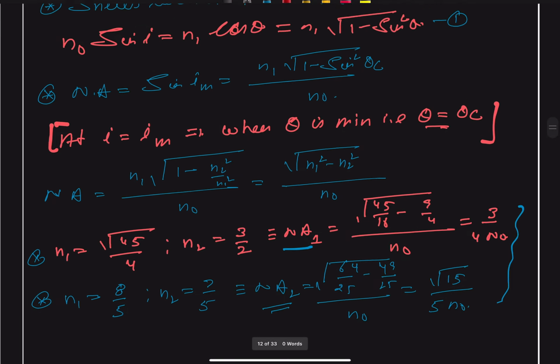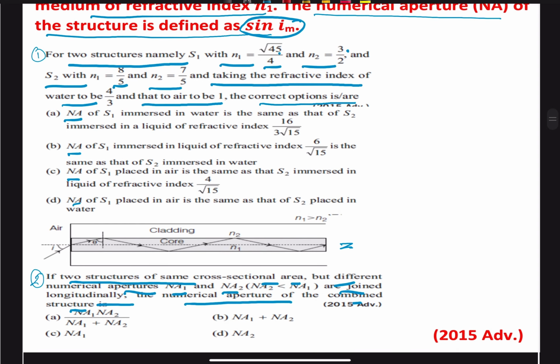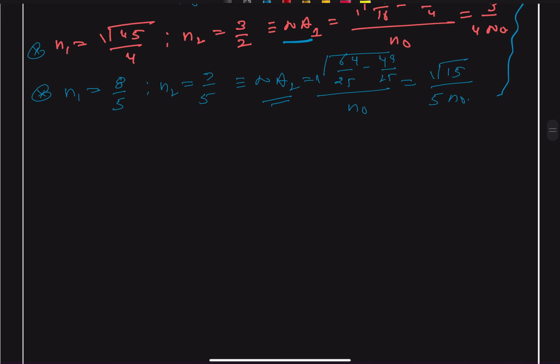And n0 will be decided by their respective immersed refractive indexes, because n0 is the surrounding refractive index, depending upon in which liquid it is immersed. So we have option A.